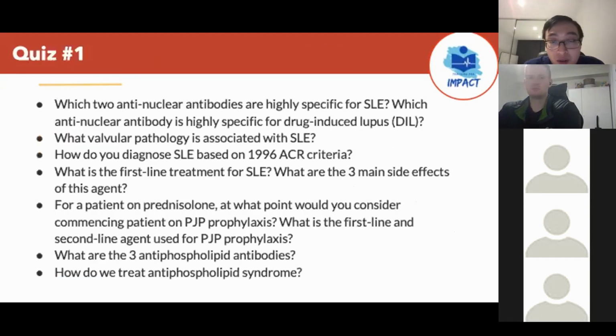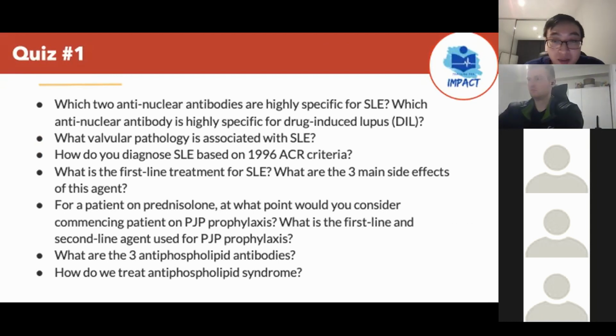Cool. So what are the 3 main side effects of hydroxychloroquine? So 1, retinopathy, 2, pruritus, 3, hemolysis.